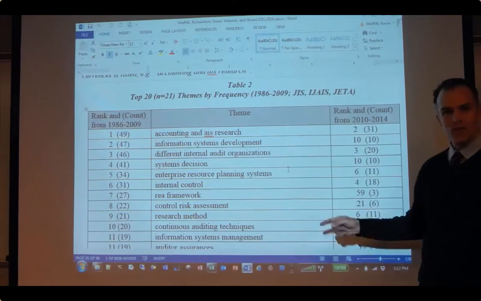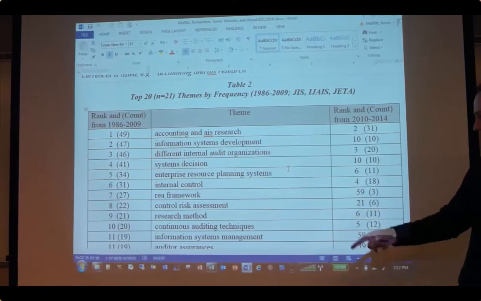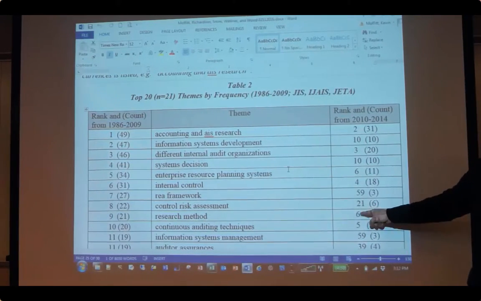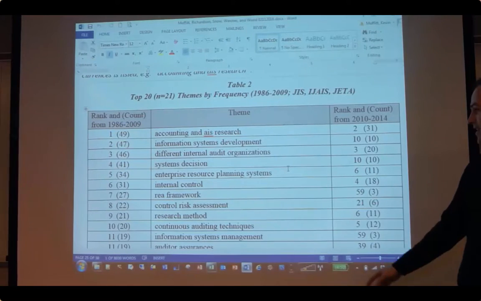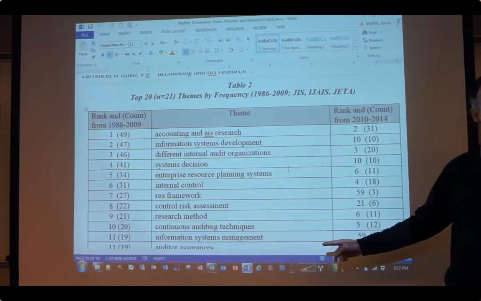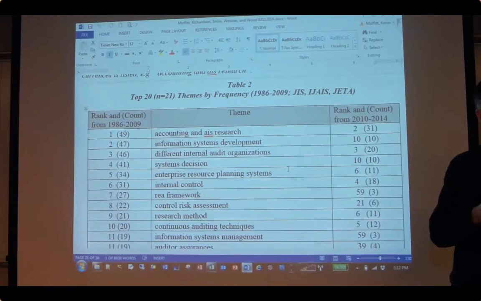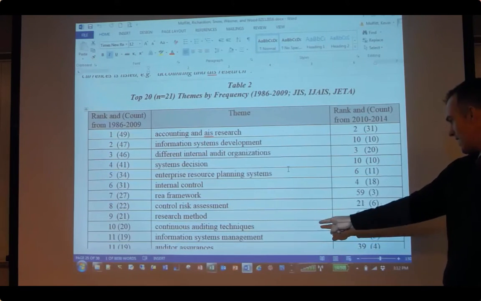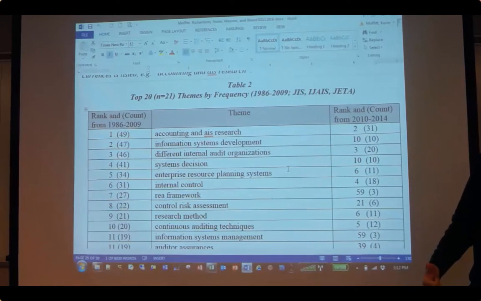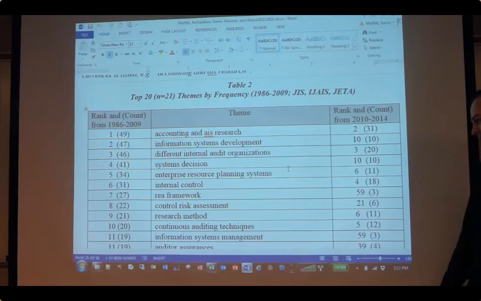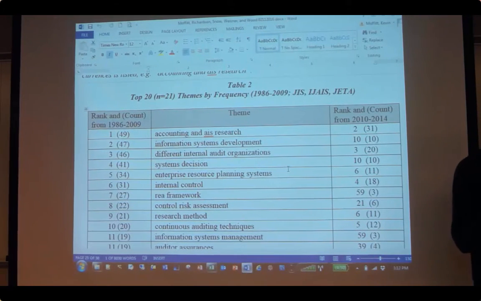So control risk assessment, that was yours, right? It went from 8th to 21st, so we're going to bring that back up. And your continuous auditing, from 10th to 5th. So it's hot right now. And what was yours again? Visualization.